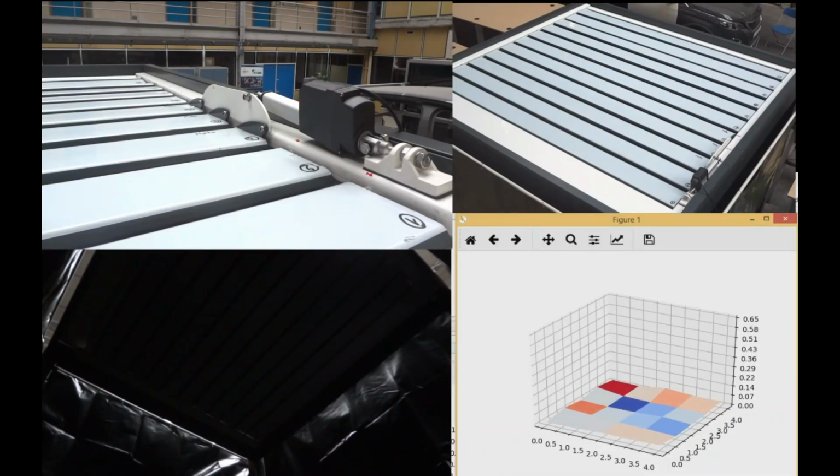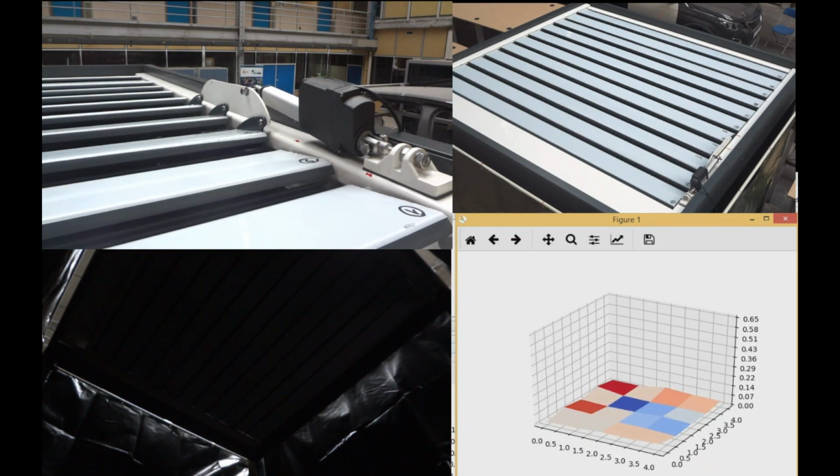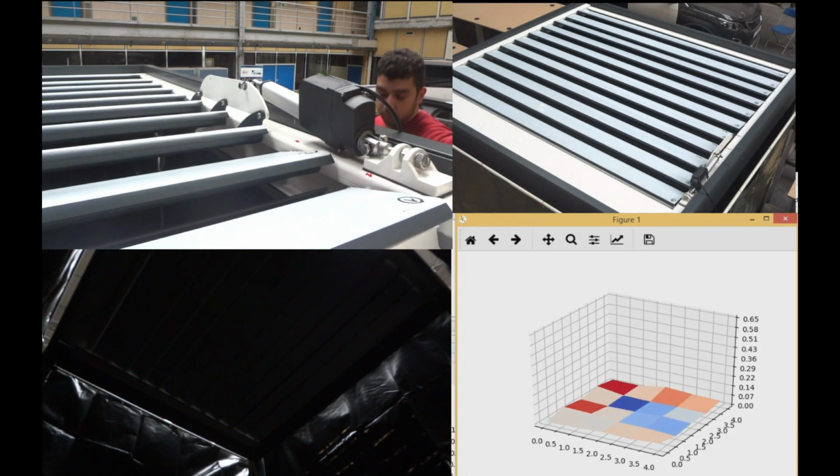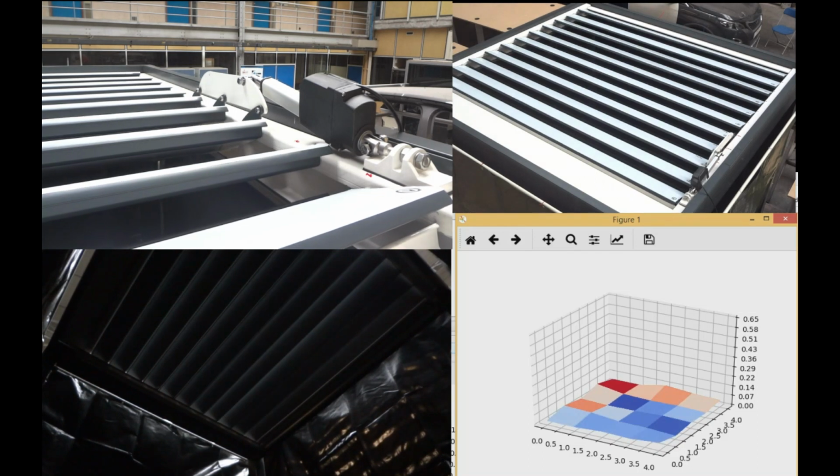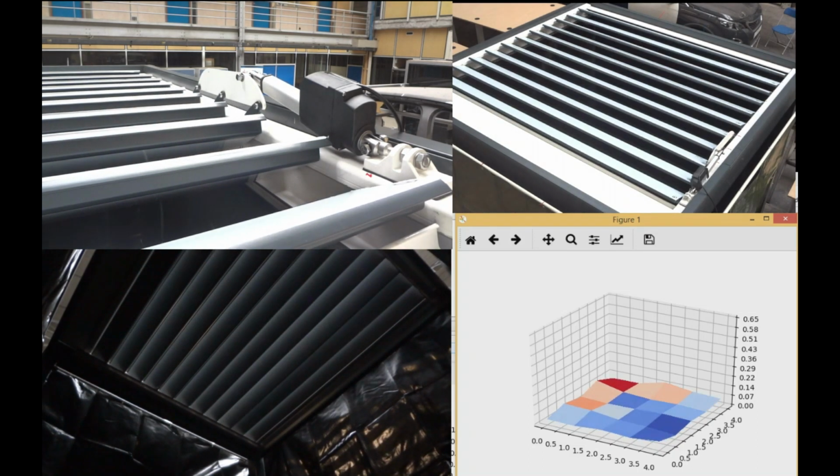I did the experiment again on different points of the pergola, and I made a 3D representation of the evolution of the daylight factor.